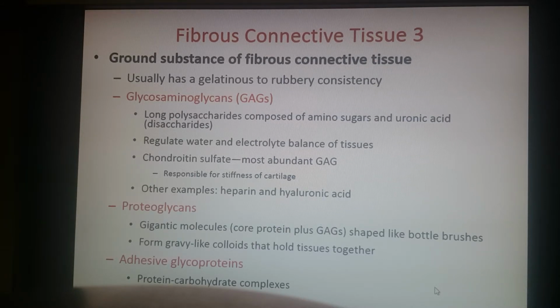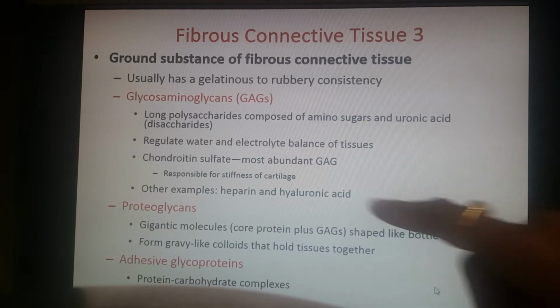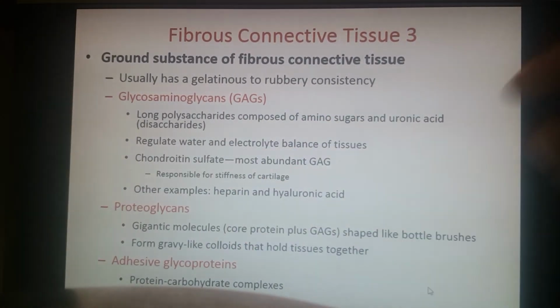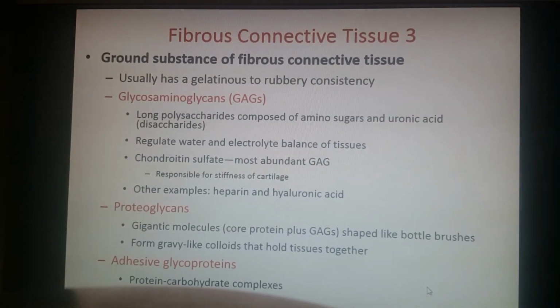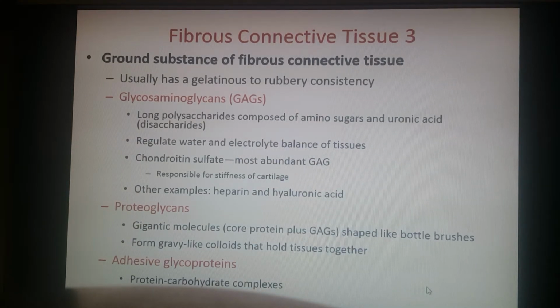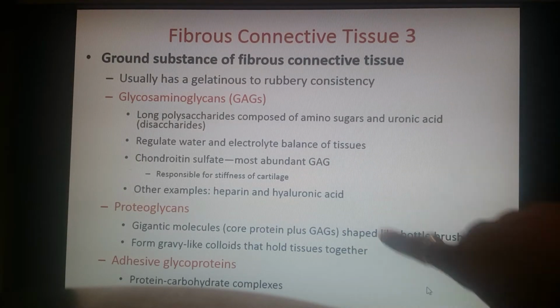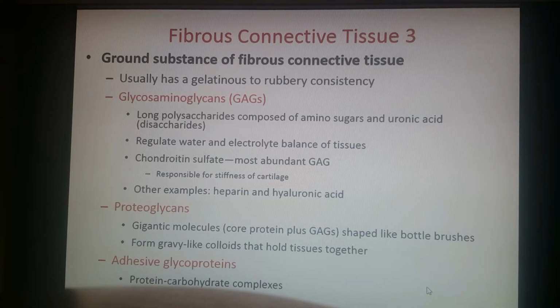Usually in fibrous connective tissue, the ground substance is gelatinous or rubbery, and that's due to a conjugated molecule called glycosaminoglycans. Glycosaminoglycans, or GAGs for short, so we'll see that a few more times, are part carbohydrate, part protein. These GAGs help to regulate water as well as electrolyte balance.